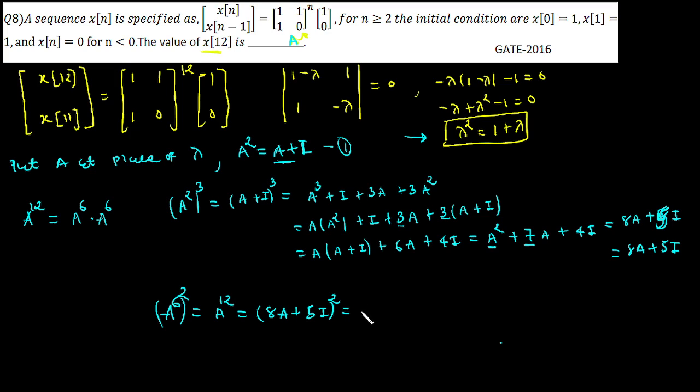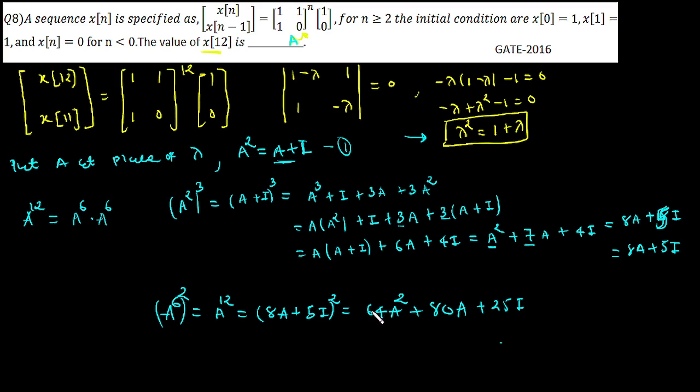Let's expand this square, so 64 A square plus here 8 multiplied with 5 multiplied by 2, so we are getting 80A plus 25 I square, which is again the I.